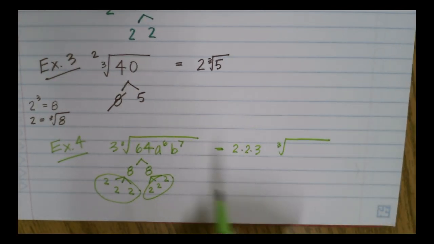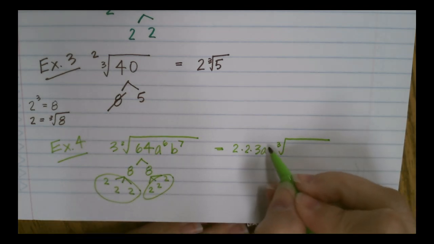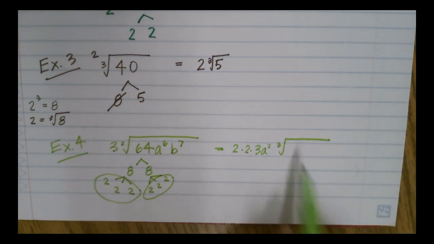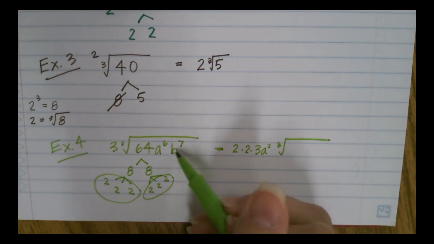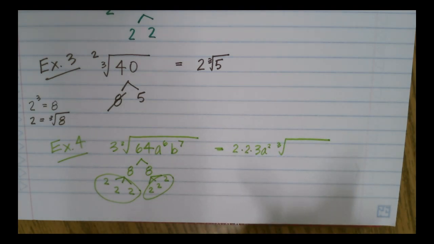Now looking at the variables, this time I have to make groups of 3. If I have a to the 6th, I ask myself, how many groups of 3 can I make? I can make 2 groups of 3 with no leftovers. When I look at b to the 7th, how many groups of 3 can I make?